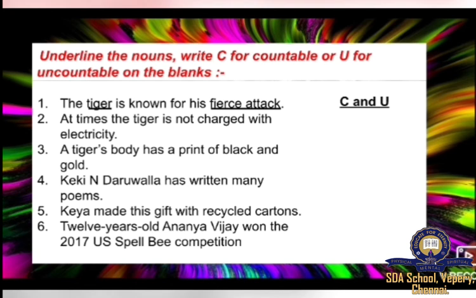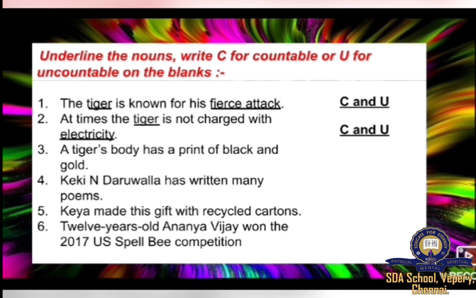Let me read out the second one. At times, the tiger is not charged with electricity. So yes, the tiger is the first noun and the second is electricity. So tiger is countable and electricity is uncountable.